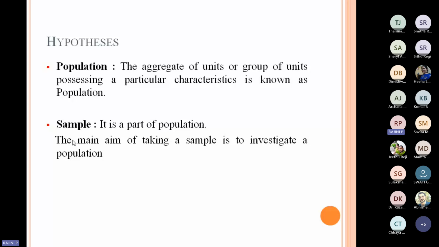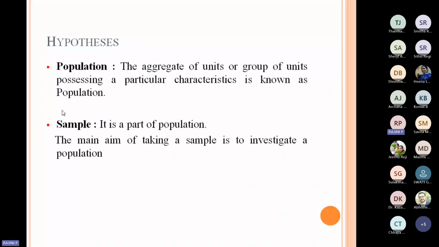Before going for inferential statistics, where through the sample you give a conclusion about the population, you need to know some simple basic definitions. First definition, population. Population is the set of all units, that is, the aggregate of units possessing the same characteristics.